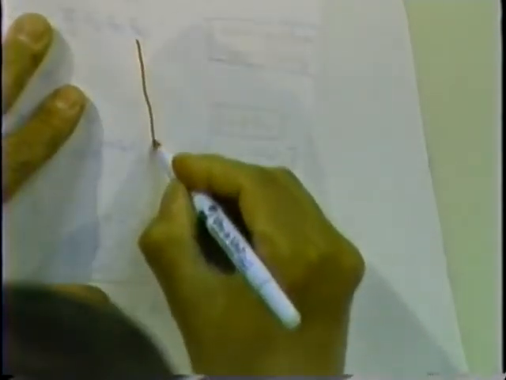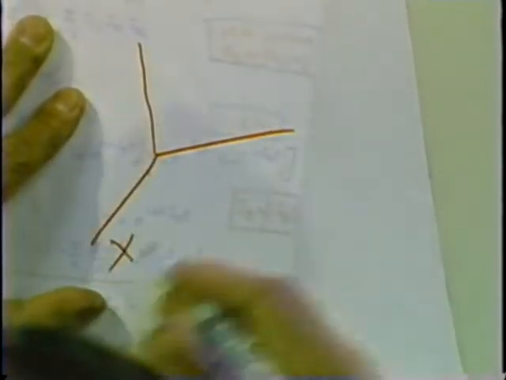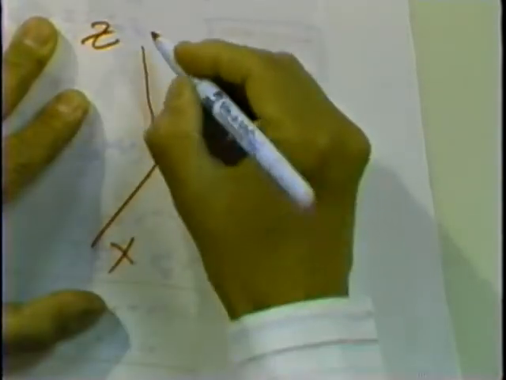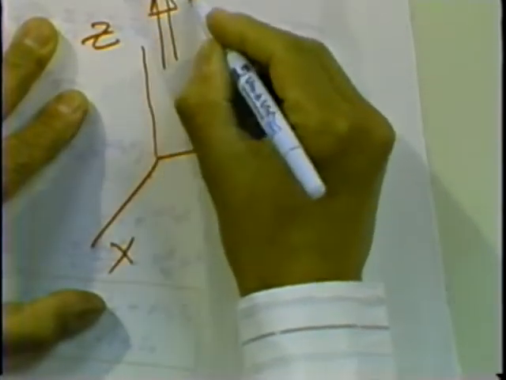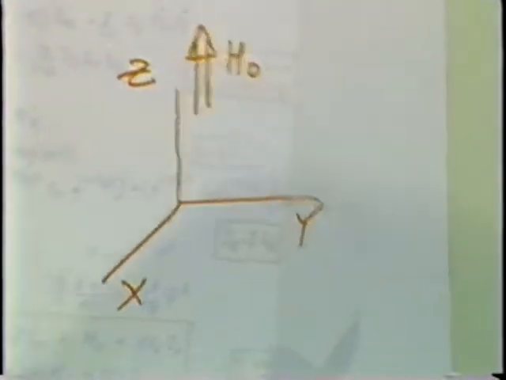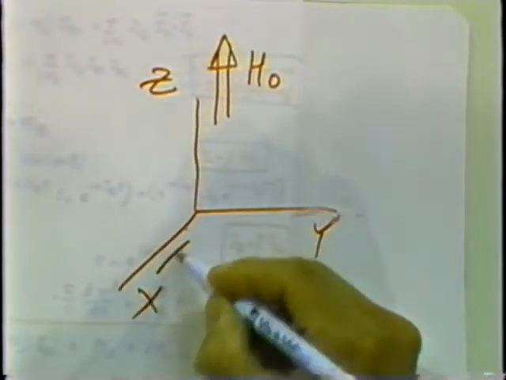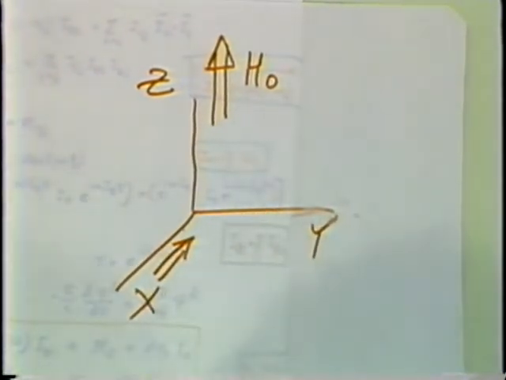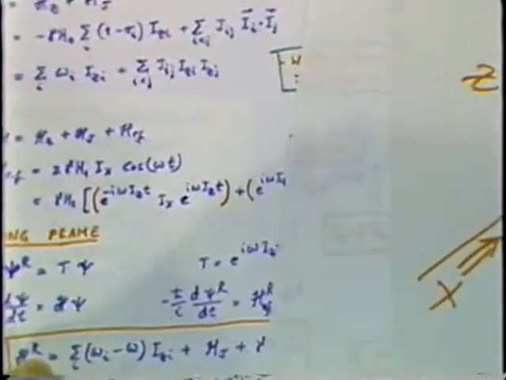That means maybe I should draw you a frame. The magnetic field H0 is along this direction. That's the basic magnetic field. And we apply the radio frequency along this direction. And then the term that we have written down will be of this type.